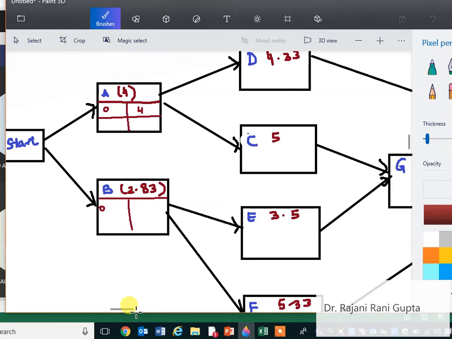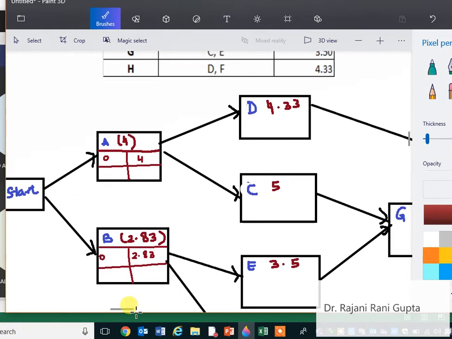Here 0 plus 2.83, so it will be 2.83. Similarly, now this is activity D. Activity D can proceed only after completion of activity A. So early start for this one will be 4. Even for C it will be 4.